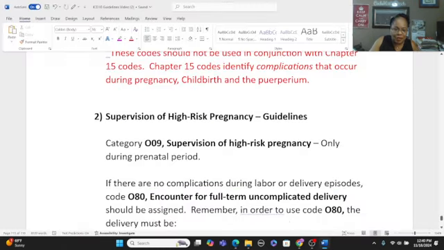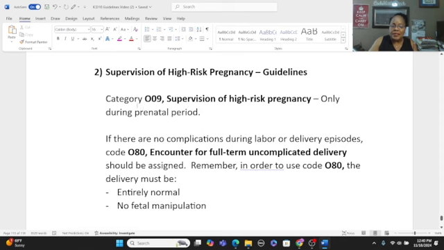Let me make sure my notes cover all of this for you. It says category O09, supervision of high-risk pregnancy, is used only during the prenatal period. If there are no complications during labor or delivery episodes, then code O80, encounter for full-term uncomplicated delivery, should be assigned.